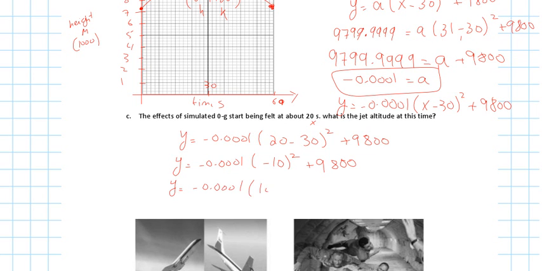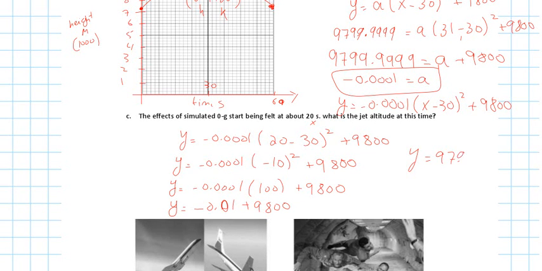Then I have to multiply the negative 0.001 times 100. So that's going to give me negative 0.1? Is it 0.01? Yeah. Plus 9,800. And that's going to be 9,799.99.